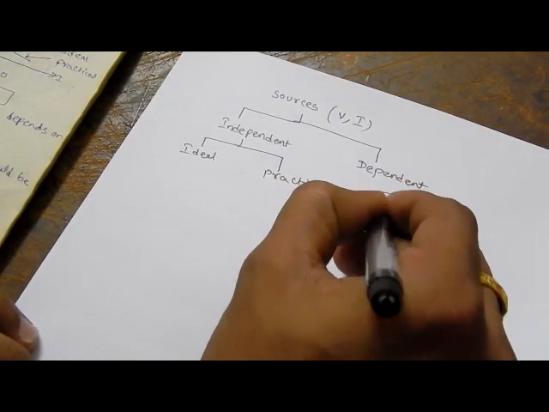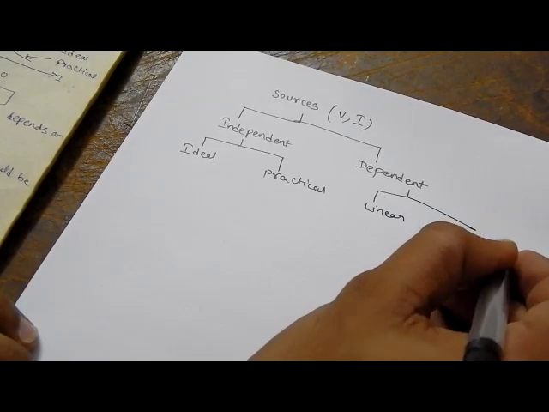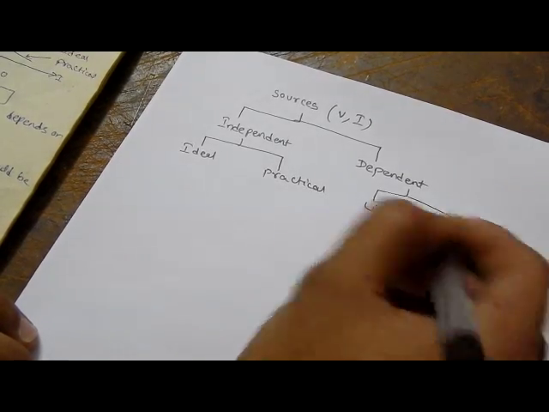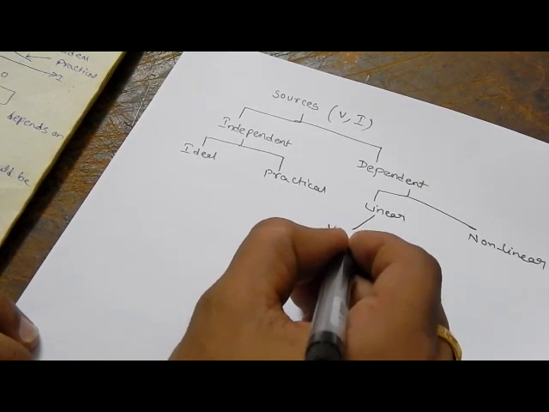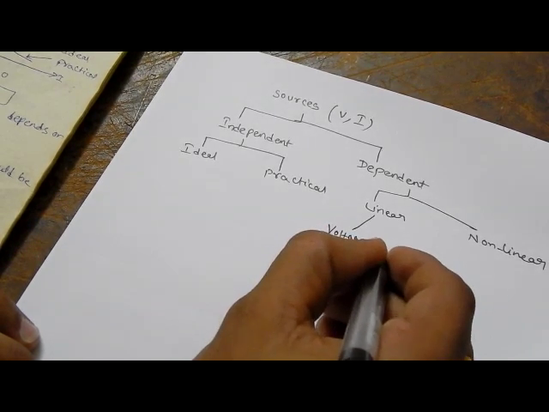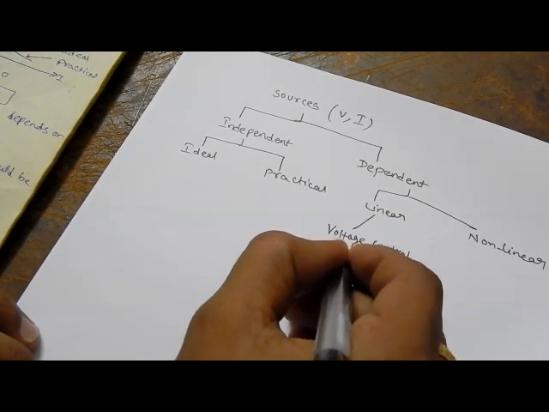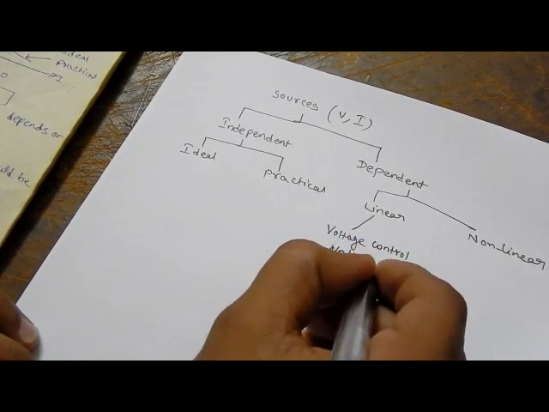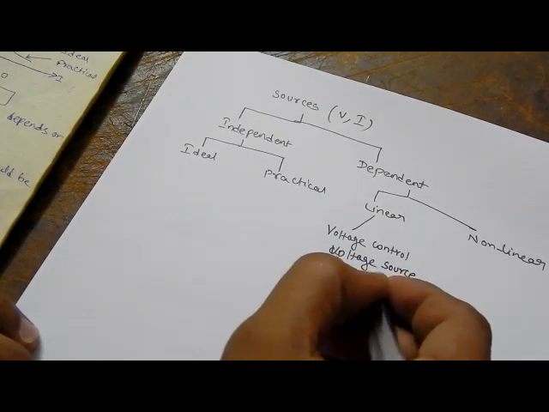In the dependent you are having linear as well as non-linear. In the dependent: voltage controlled voltage source, that is VCVS.